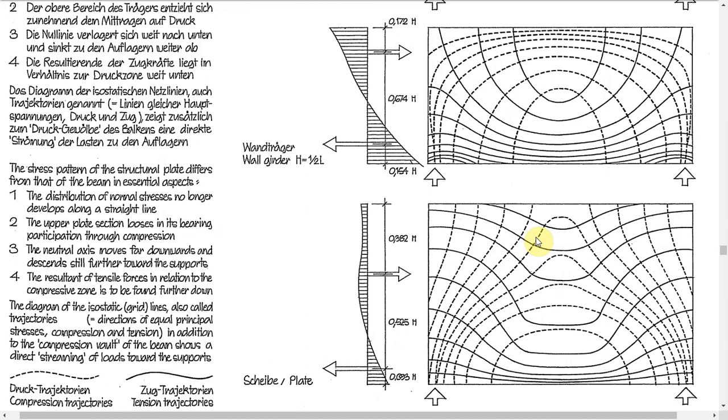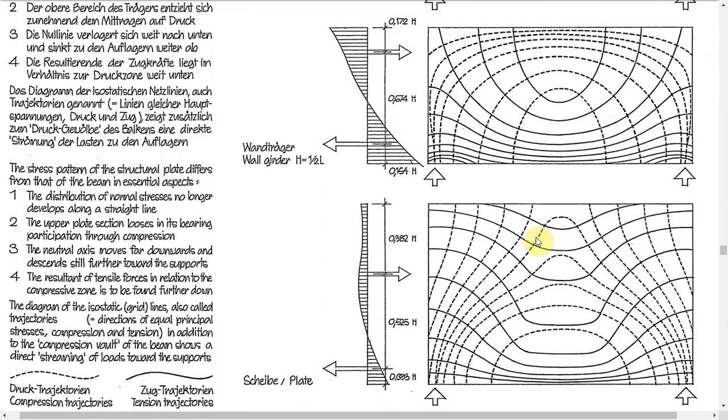So the isostatic grid lines, because in this the force is streaming, it is being transferred gradually towards the supports, right? There are two sets of lines here. One is the tension trajectories and the other is the compression trajectories.